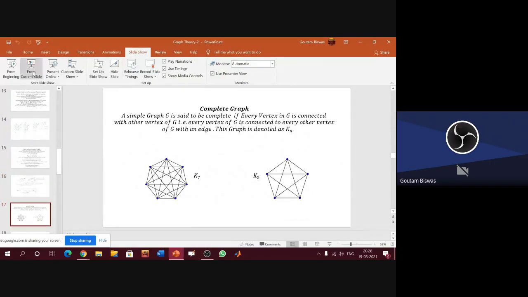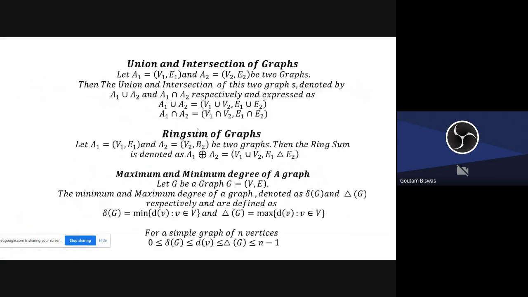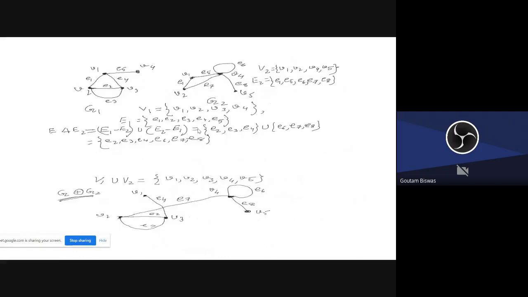Now we are going to discuss the ring sum with an example calculation. You see this calculation. This is a graph G1 and this is a graph G2.